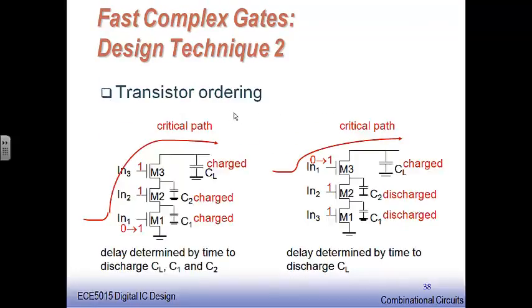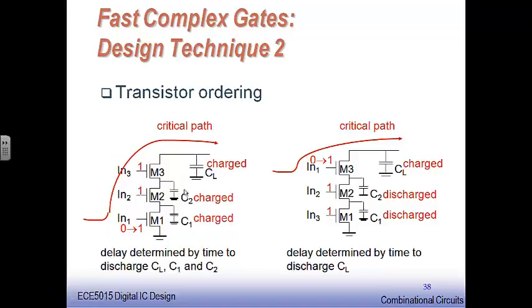The next one would be the transistor ordering. I have 3 inputs considered here, and out of the 3 inputs, the input In1, which is actually shown to be changing from 0 to 1, is a frequently changing, frequently switching device, and these 2 I assume are always 1.